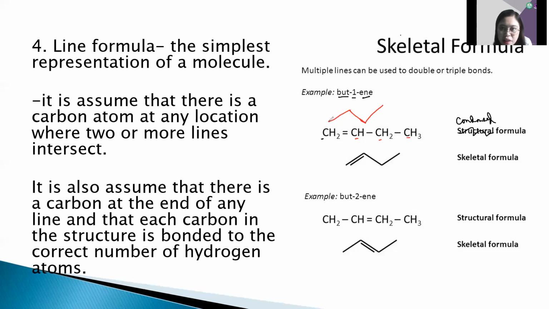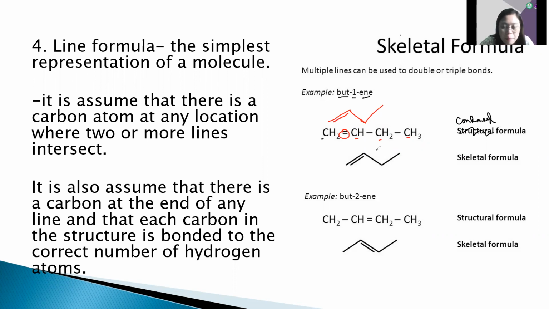If we count 1, 2, 3, 4, yes, we already have 4 carbons. But since we have a double bond here on the first carbon, we will just be drawing another line here below. So this is now the skeletal formula of our but1-ene.